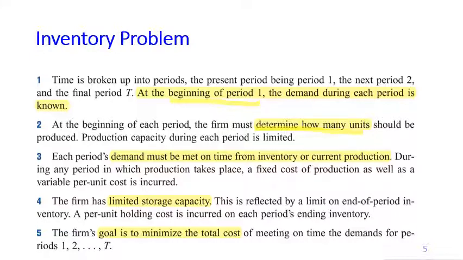Third characteristic is that the demand must be met on time, either from inventory or from current production. And then we have limited storage capacity. And finally, the goal is to minimize the total cost of meeting the demands on time for all periods.